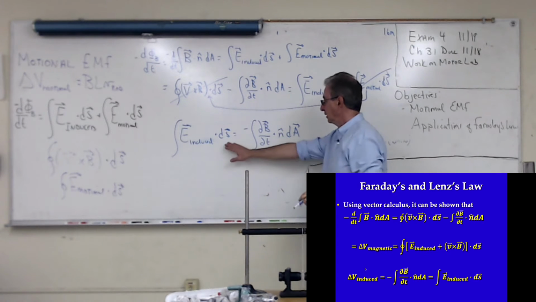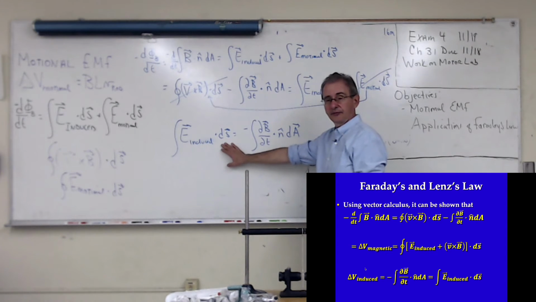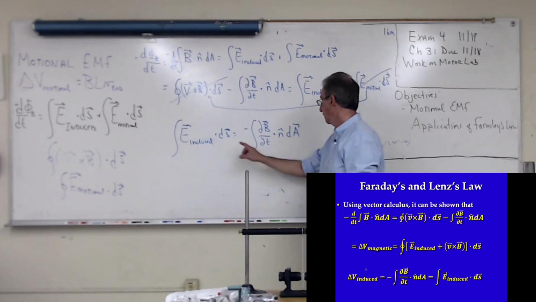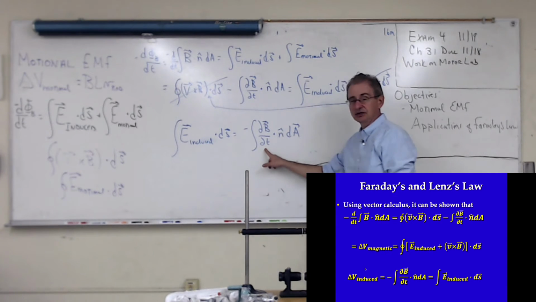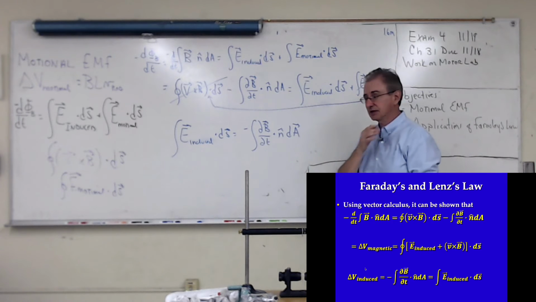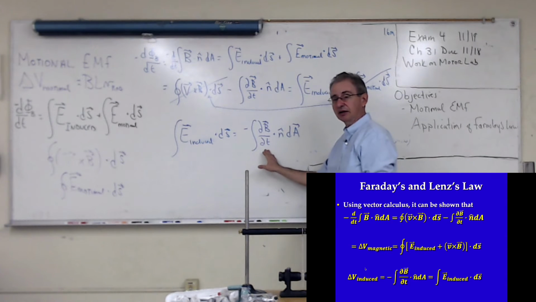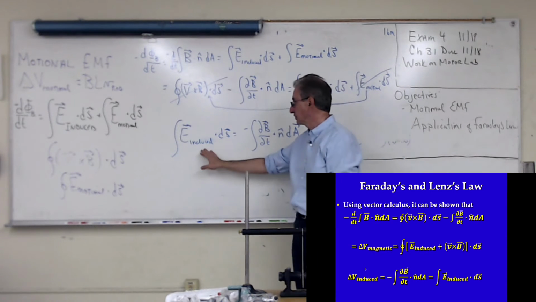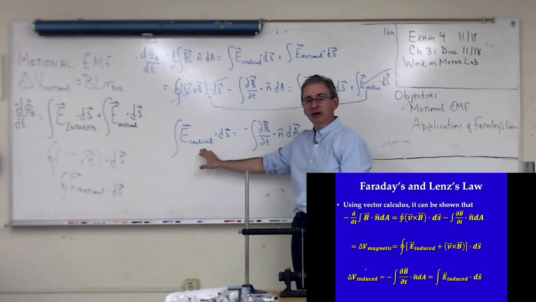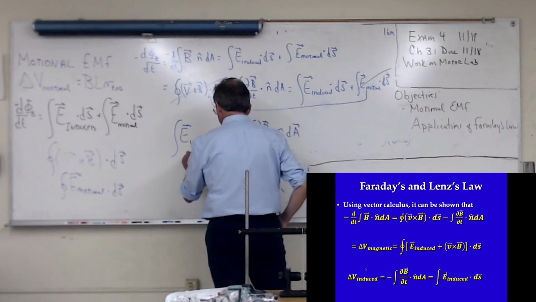So the induced electric field depends on the time rate of change of the magnetic field. Which means, if you have a time varying magnetic field, you're going to induce an EMF that's non-conservative. So this thing is non-conservative.